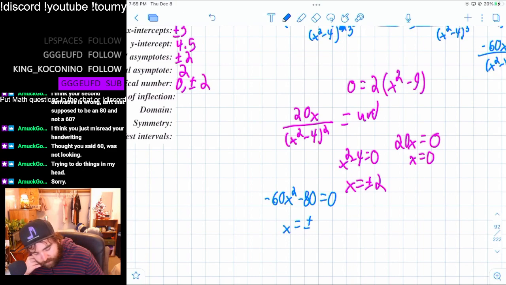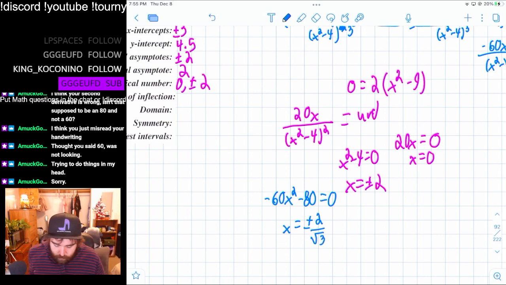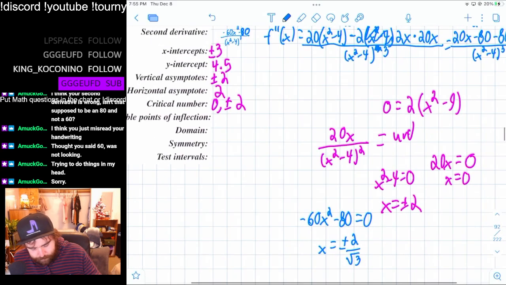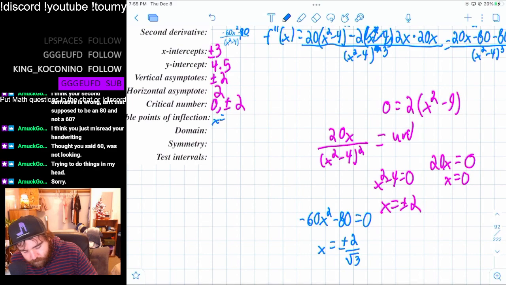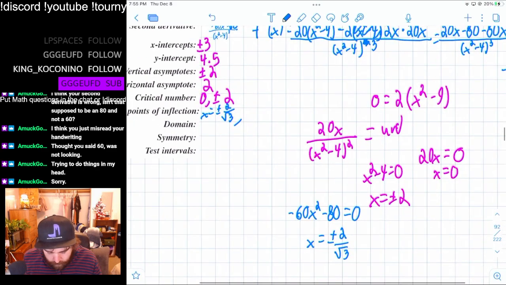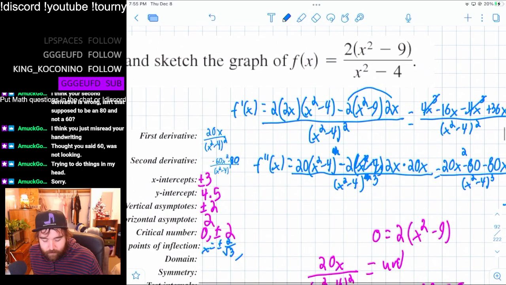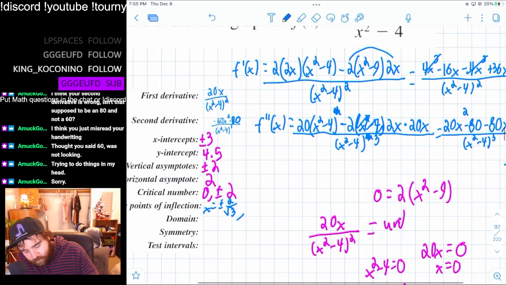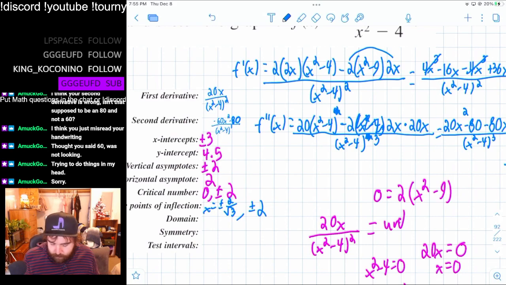So x is plus or minus 2 over root 3. And then, of course, when the bottom is 0 to make it undefined. So plus or minus 2.